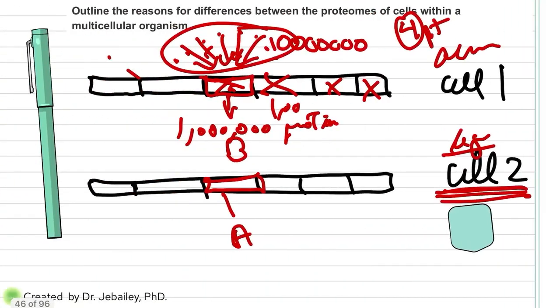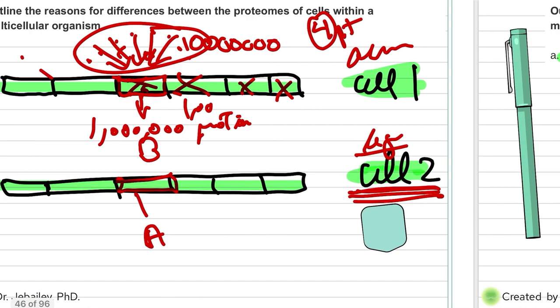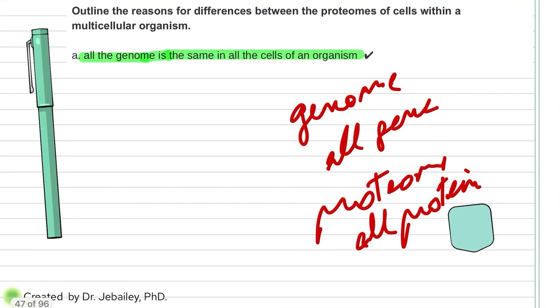It goes back to what I told you. Cell 1 here has the same genes as cell 2. So it says that all the genome is the same in all the cells of that organism. Every cell. So if, for example, you have 100 million cells, all of your 100 million cells have exactly the same genome, the same amount of genes.